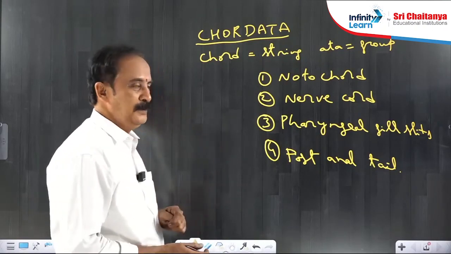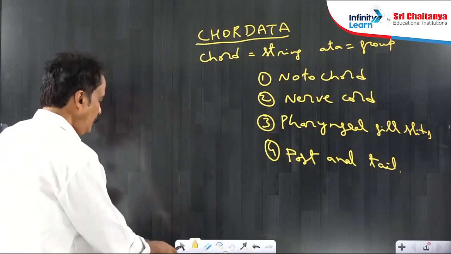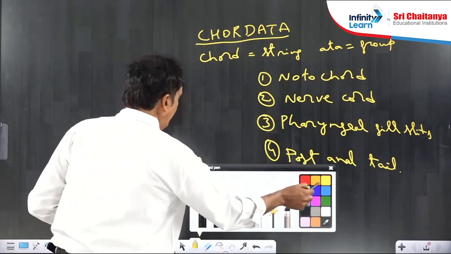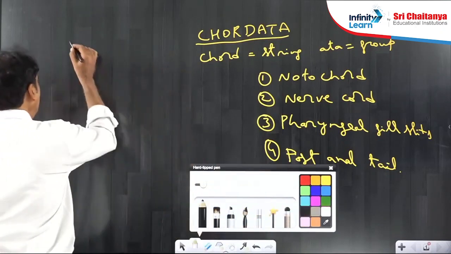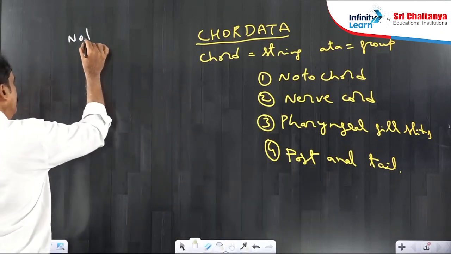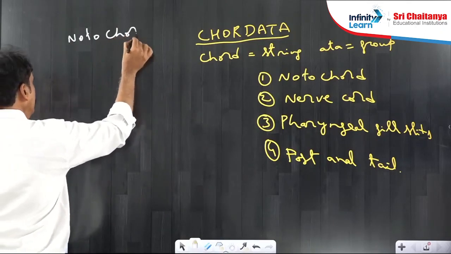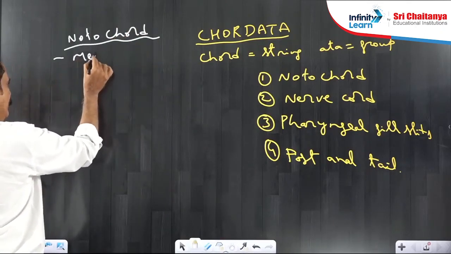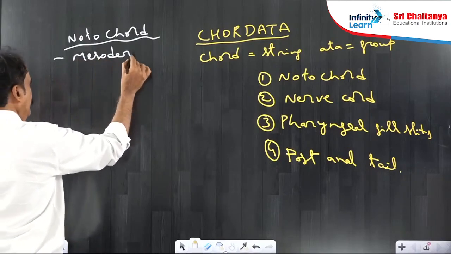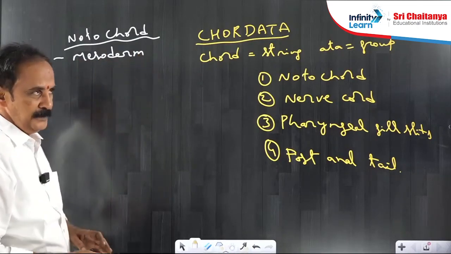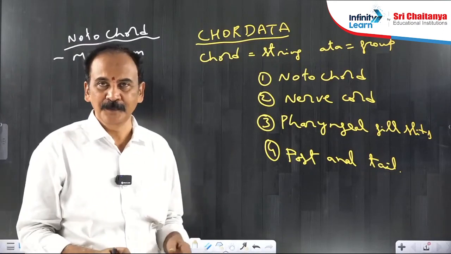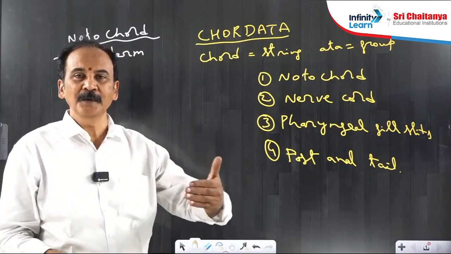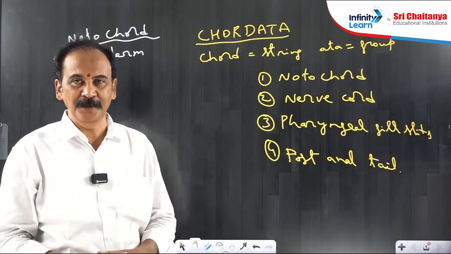First let us see what is notochord. Notochord is a structure that is developed from mesoderm. This is derived from the structure called the chorda mesoderm. Now we call ectoderm, endoderm and mesoderm as germ layers.